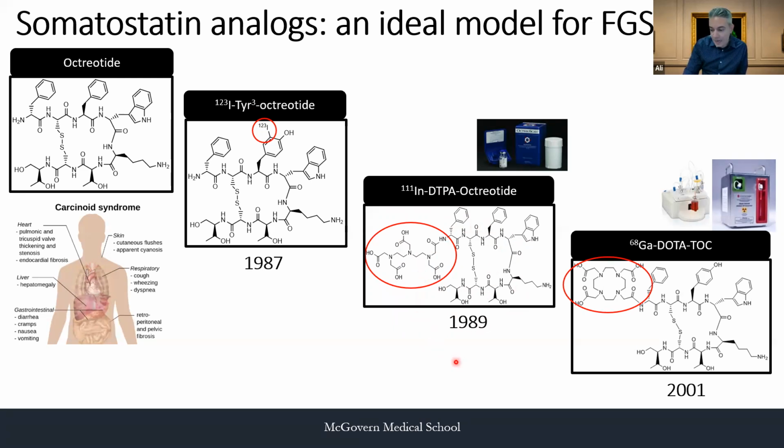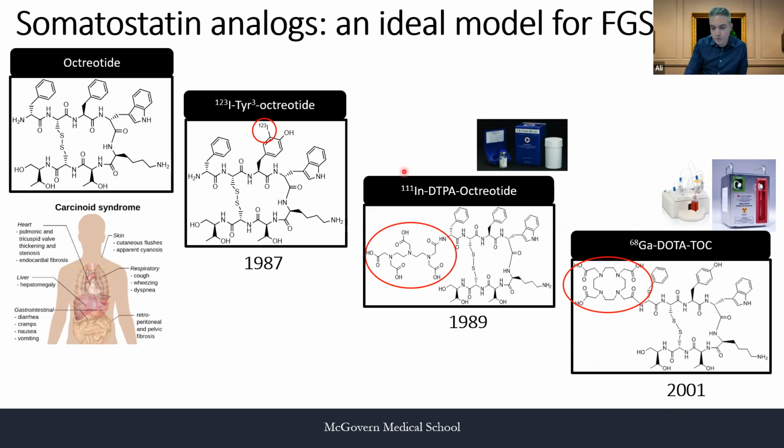Now, what happened is at the turn of the century, there was a big change in the field. I would call it a true game changer: switching this chelating agent from DTPA, which has a limited number of radiometals that can stably chelate, DOTA was introduced to the N-terminus, shown right here. And this allowed the chelation of gallium-68.